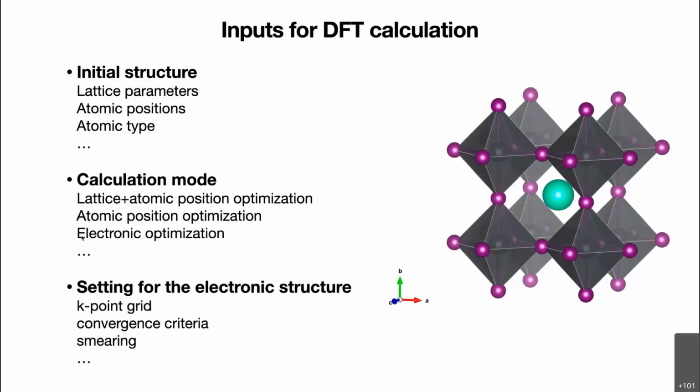Or sometimes we just need to optimize the electron density. We also need some convergence criteria and some input parameters for reciprocal space, like k-points, and electron smearing. But you don't need to worry about this because I guess the material scale platform already provides some default, very reasonable input parameters.